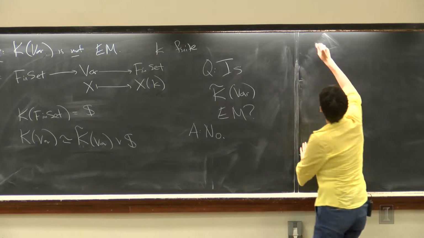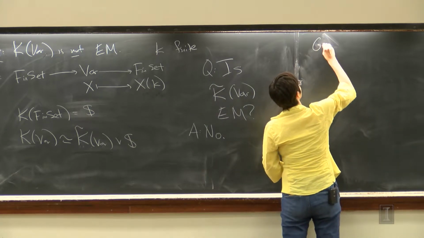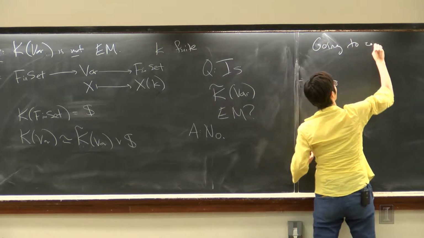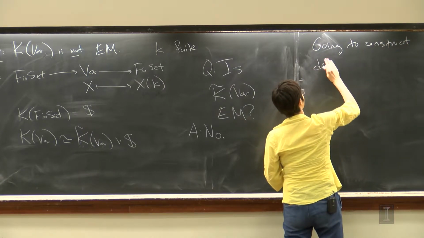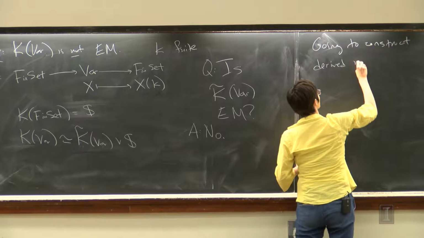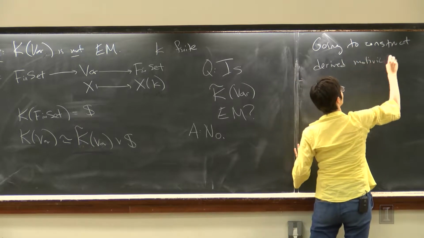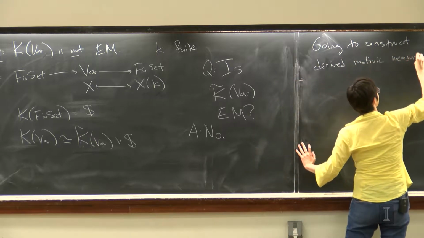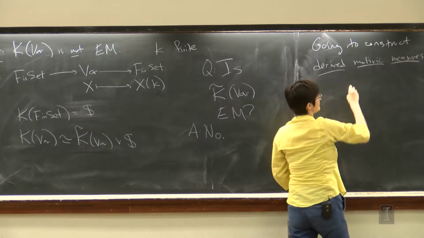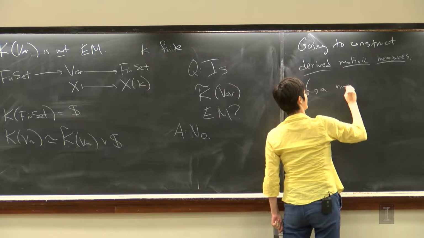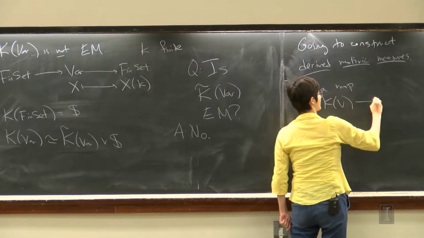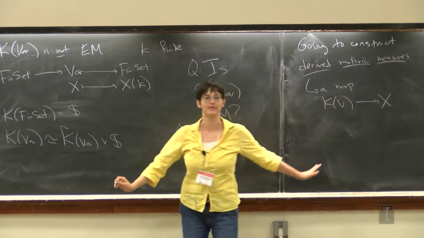So what we're going to do is construct derived motivic measures. I just want to give you these buzzwords because you might see them in the future. What this means is that this is a map, K of V, to some spectrum X. That's all it means.